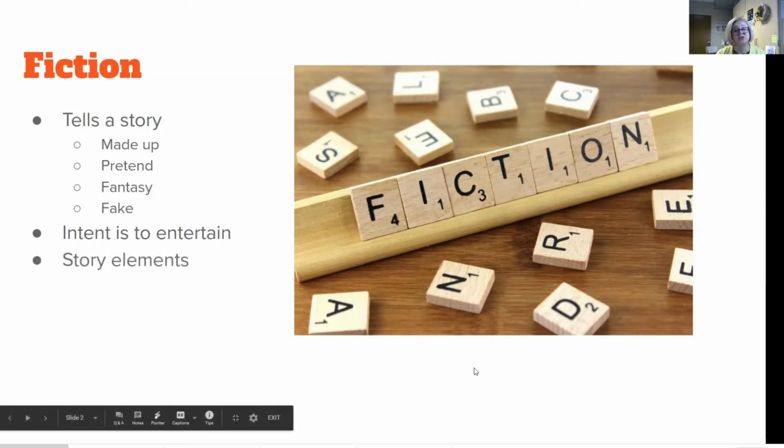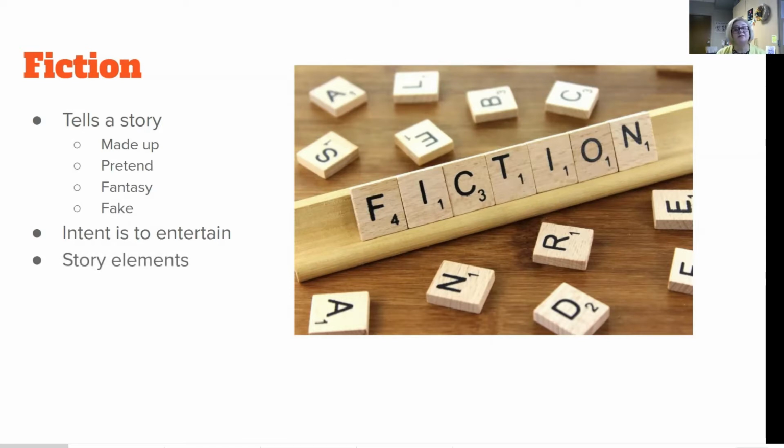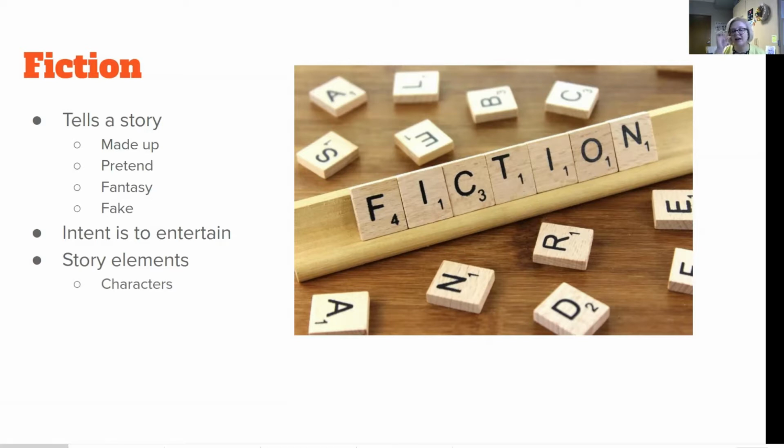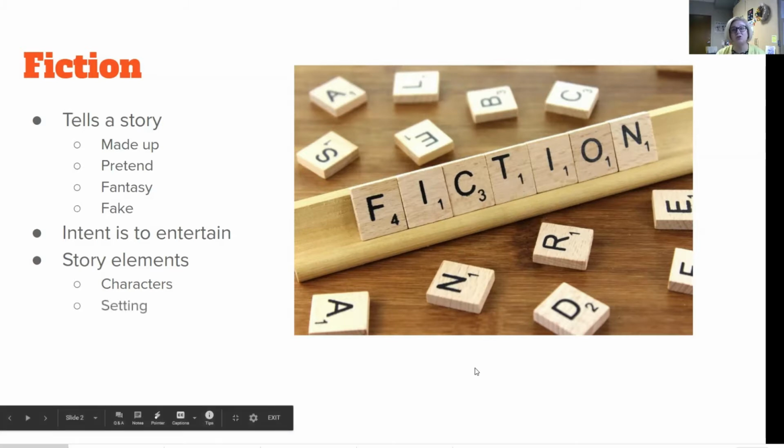In a work of fiction, the focus is on different story elements. Things like the characters. These are the people or the things that the story is really about. Also, the setting. That is where the story is going to take place.